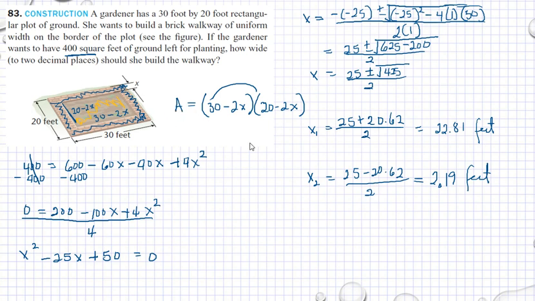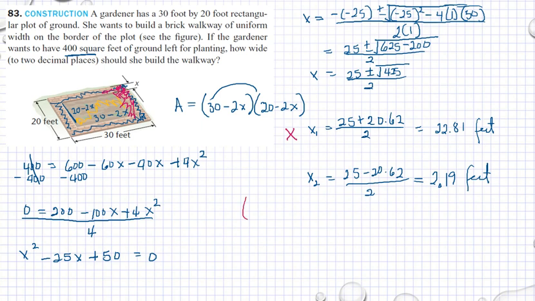When you look at the figure, the x is not that wide. With 22.81, you would have to put bricks all over this, since it is more than 20, so you cannot use this.